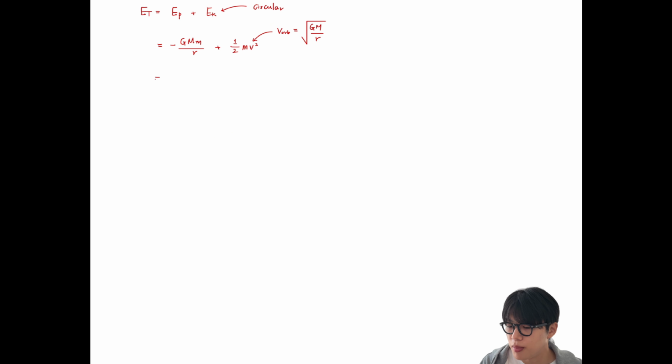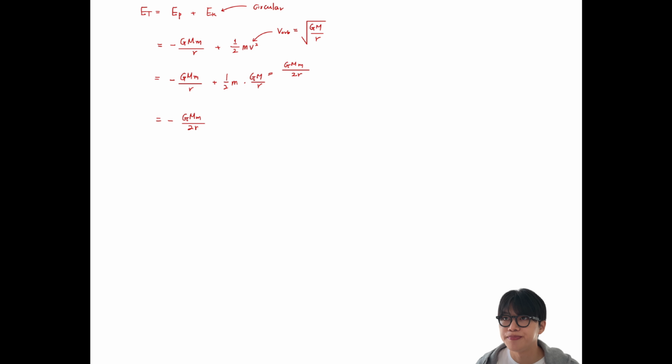So if you substitute that, negative GMm over r plus half times mass times v squared, where v squared is GM over r, that is actually GMm over 2r, right? So negative GMm over r plus GMm over 2r equals negative GMm over 2r. So this is how we show the total energy.